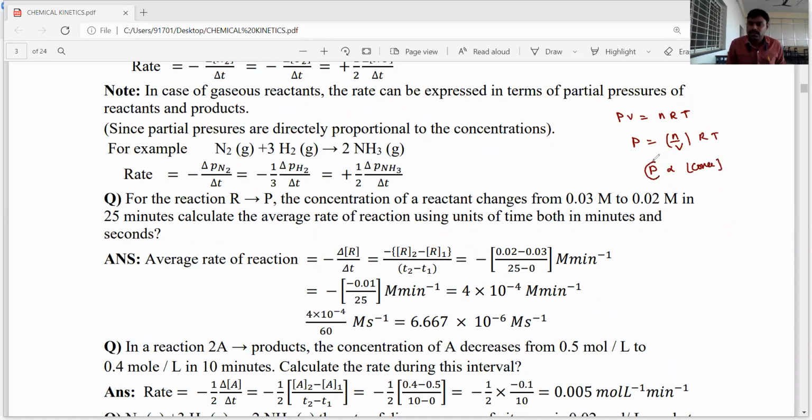The same applies to the concentration of products. That's why, instead of concentration, we can take pressure also. For example, N2 plus 3H2 gas is converted into 2NH3 gas.